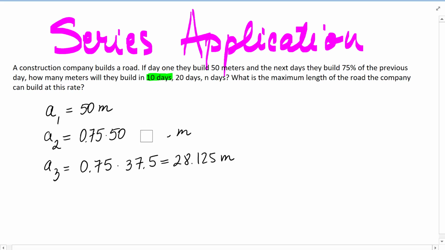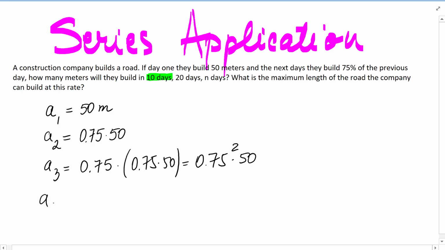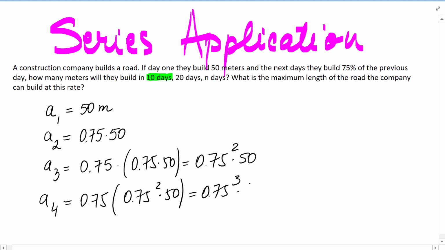Let's leave A sub 2 as 0.75 times 50, and instead of computing that, for A sub 3 we say 0.75 of 0.75 times 50, and we notice that we can write it as 0.75 squared times 50. And then when we do A4, it's going to be 0.75 of A3, which is 0.75 squared times 50, or 0.75 to the third times 50.